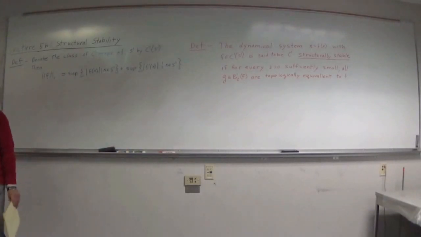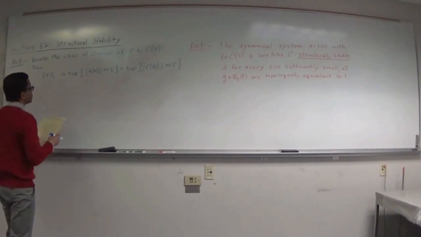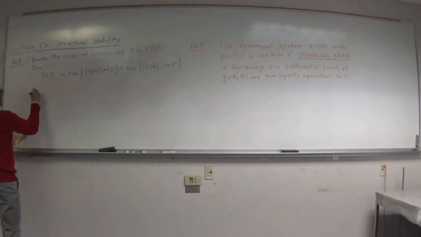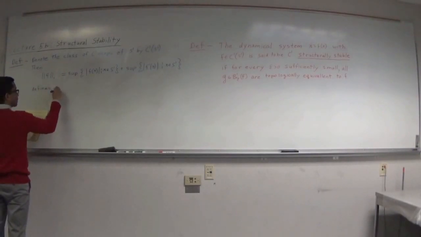So basically we want to control the function and its derivative. So we want to have control over both since we're saying these are C1 functions. So we want to be able to control both of them. So this defines a norm.